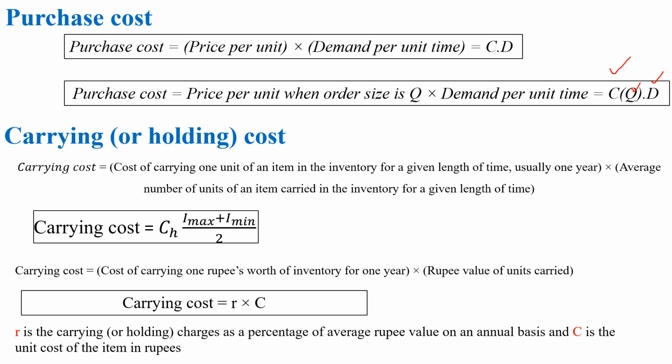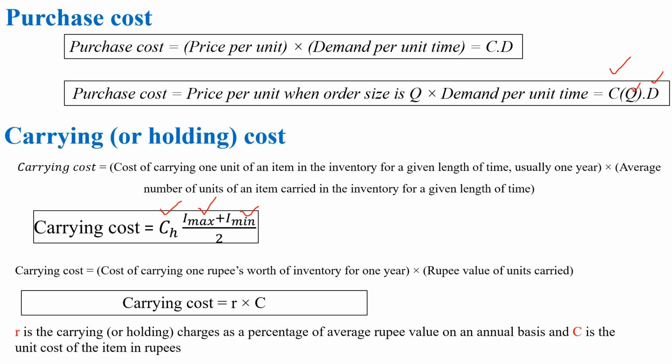Next, carrying cost. The carrying cost is the carrying cost per unit, that is CH, multiplied by the average number of units of an item carried in the inventory. Here I max is the maximum inventory level and I min is the minimum inventory level.